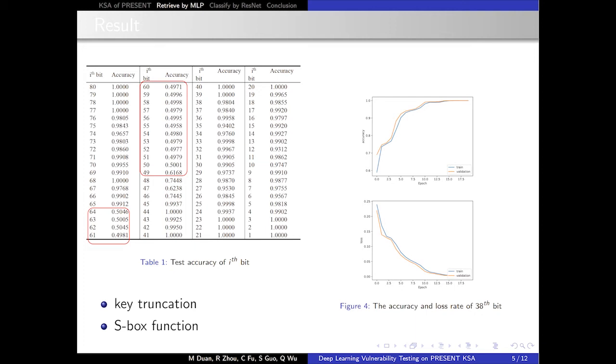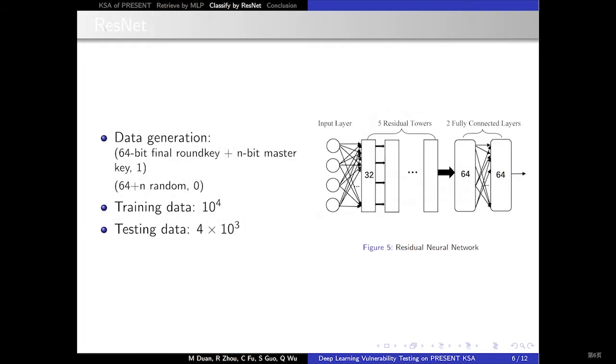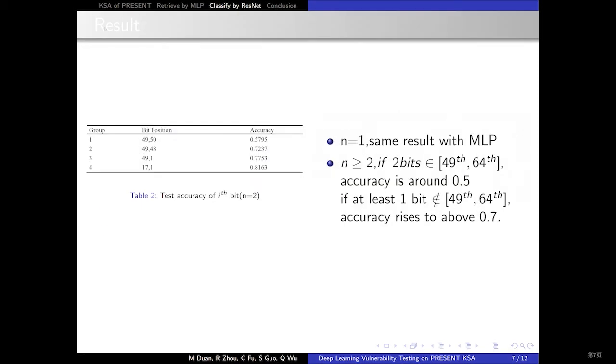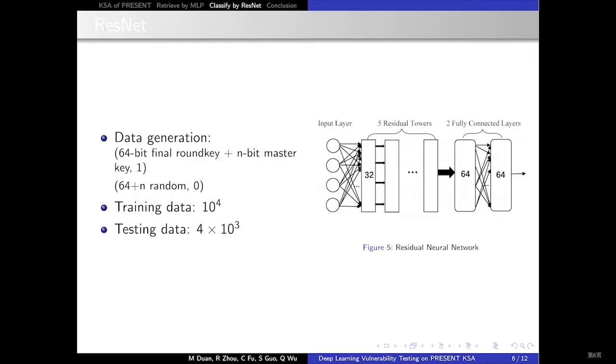So in the second experiment, we transform our main goal into a classification problem to distinguish the real master key from random data. We choose the most commonly used CNN, the residual network, in the second experiment, because it has already been used to build distinguishers successfully.